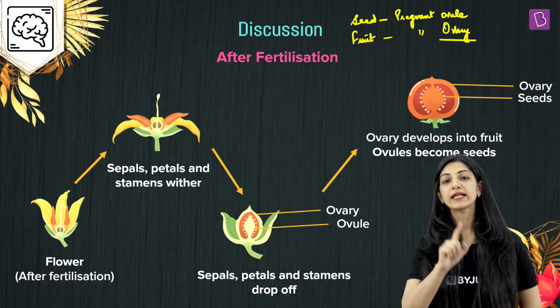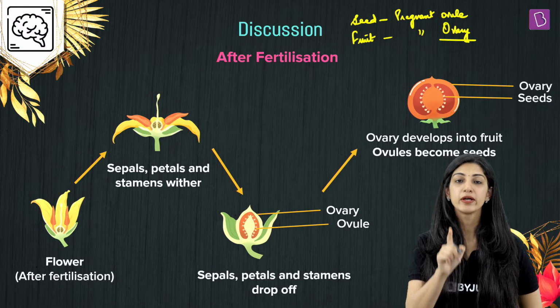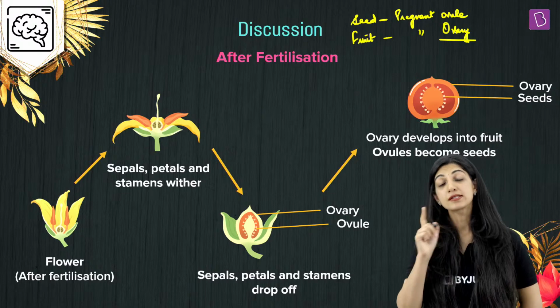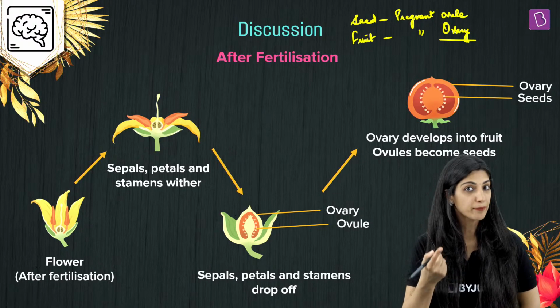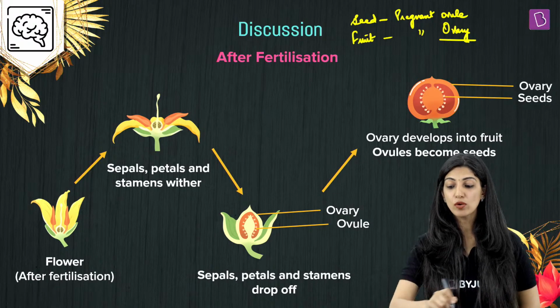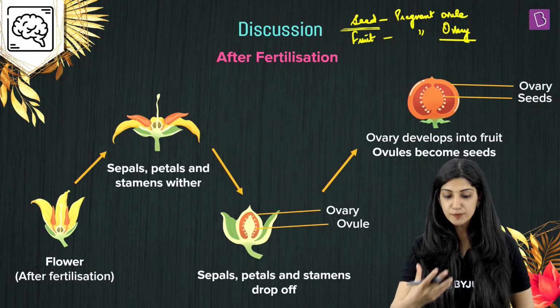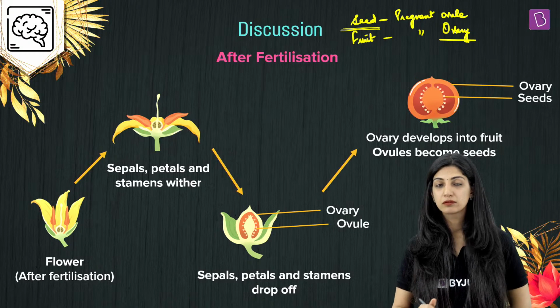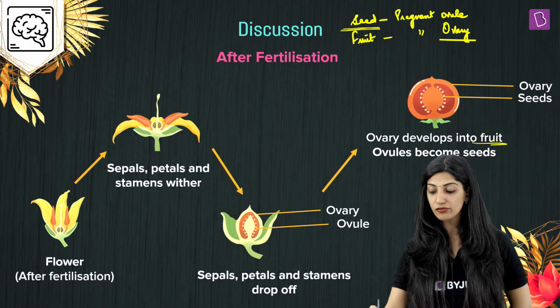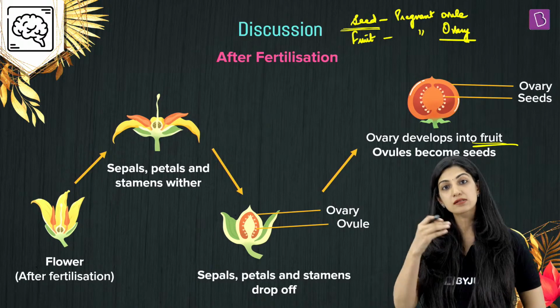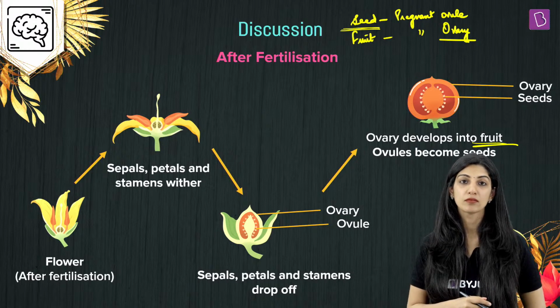ठीक है, तो fertilization के बाद क्या बनता है? Diploid zygote बनता है. Zygote develops into embryo. So embryo is present inside the seed. It develops further and ovary will develop into the fruit. Ovary has both the generations.